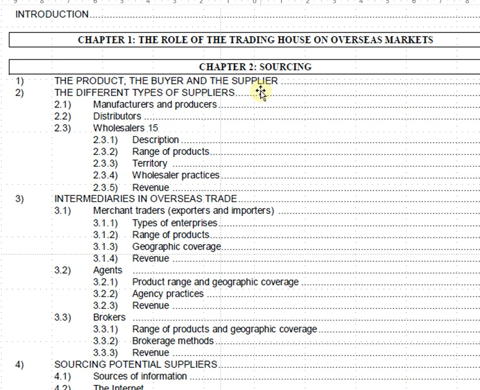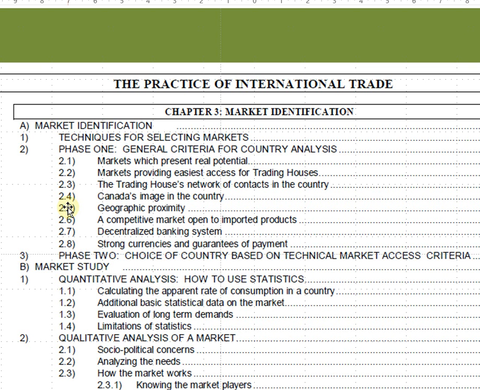Now we can go to Chapter 3, which deals with market definitions. Market definitions is composed of two main parts. One part is techniques for selecting a market, starting with the general criteria for country analysis.